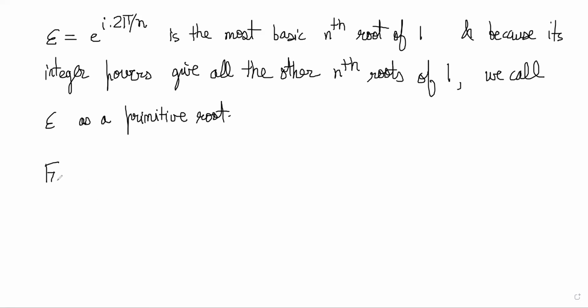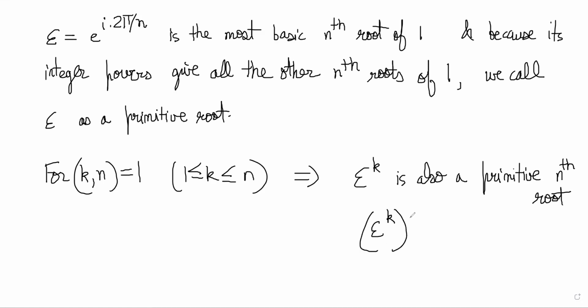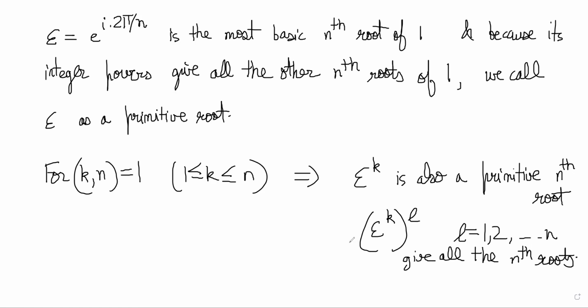And now we can say that for k and n being co-prime to each other, and 1 less than or equal to k less than or equal to n, epsilon power k is also a primitive nth root. Why? Because powers of epsilon power k going over L, where L goes from 1 to n, give all the nth roots. So because of that, it is also a primitive nth root.